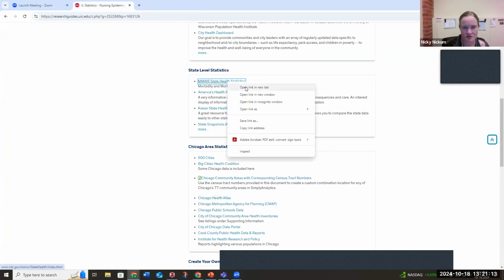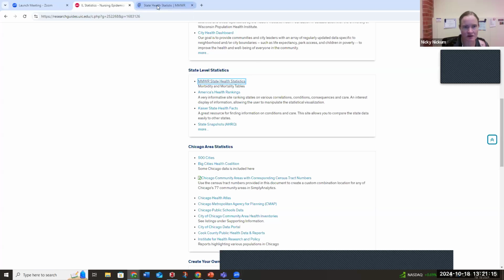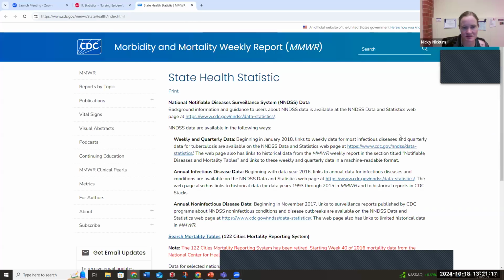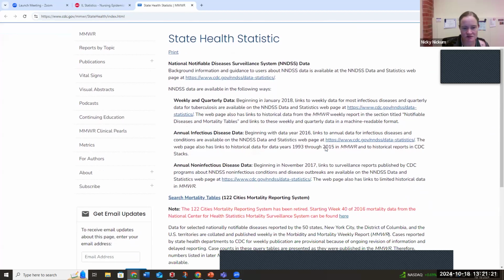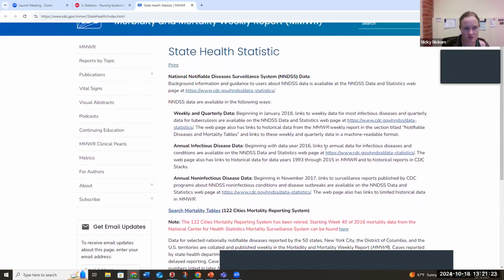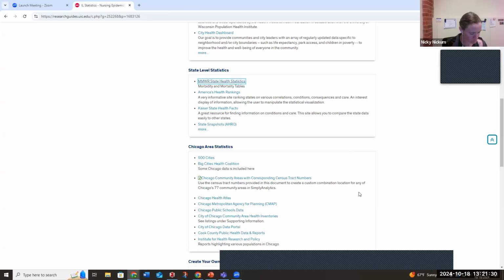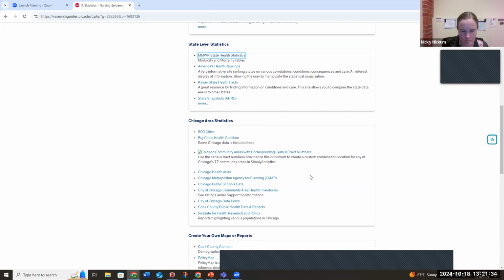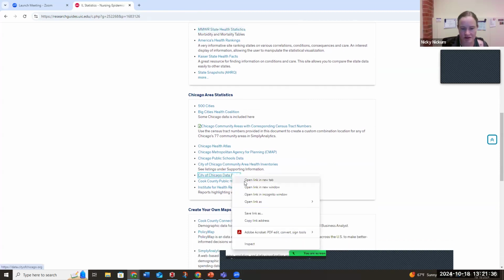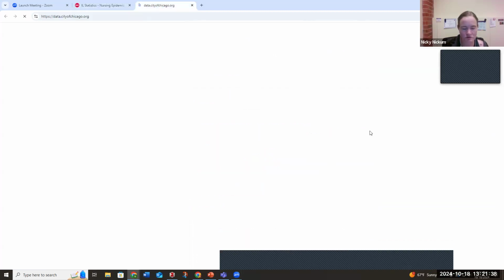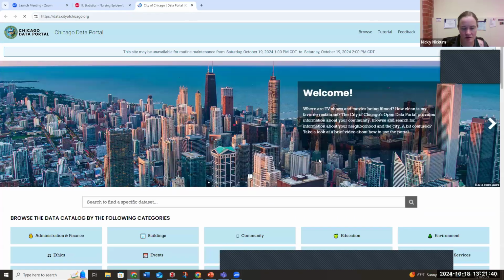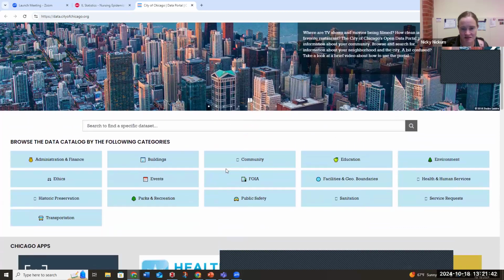You can also use the morbidity and mortality health statistics. This is from the CDC, weekly and quarterly data. You can get a lot of information here. We have the City of Chicago data portal. So this is not health sciences based.